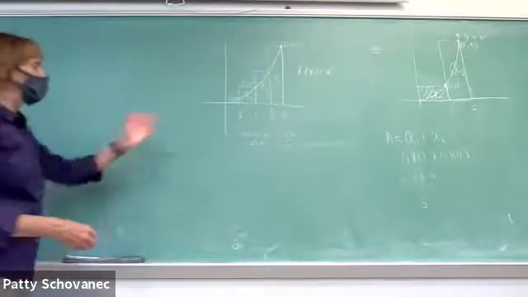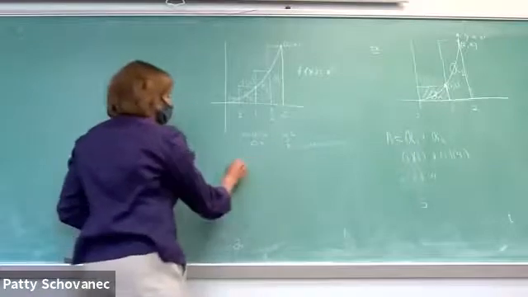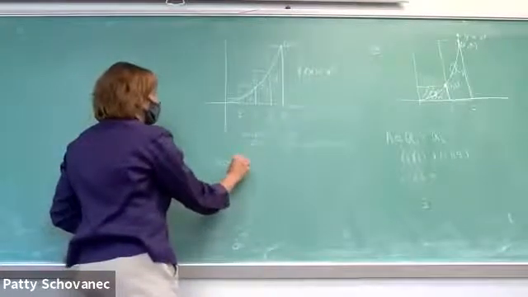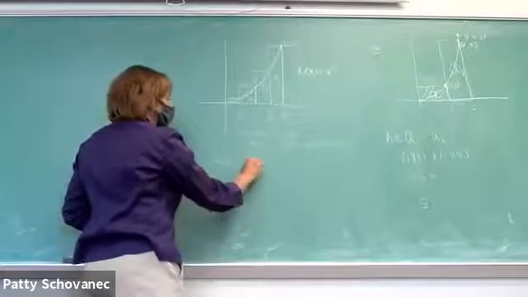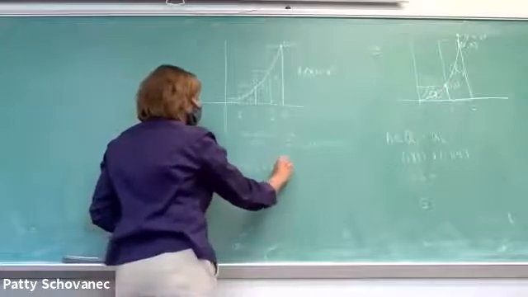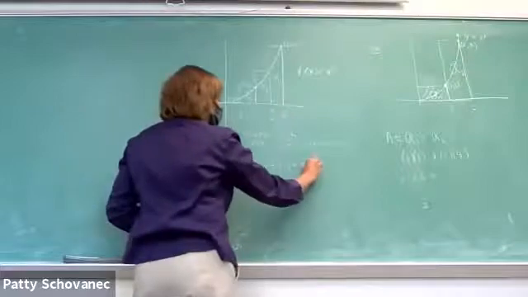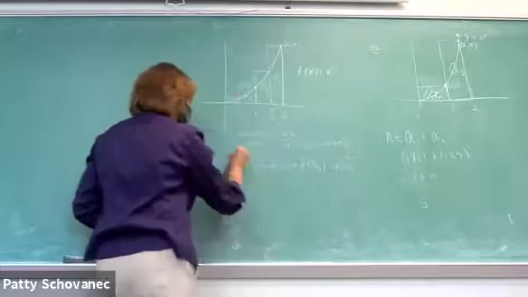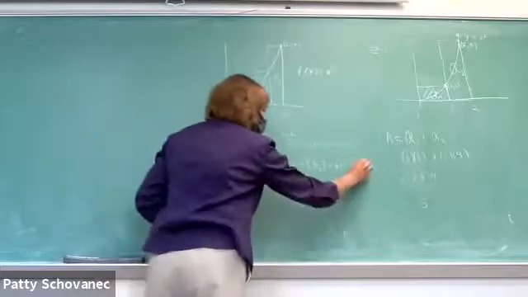So the width is the same, so I'm going to factor it all out at the end. And I'm going to say that this area is roughly equal to f of 1/2 plus f of 1 plus f of 3/2 plus f of 2, and then I'm going to factor out the width. They all have the same width.